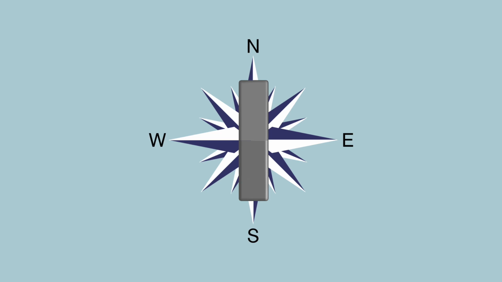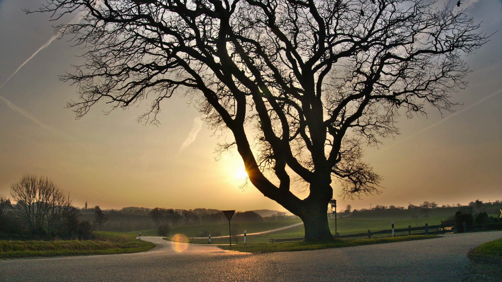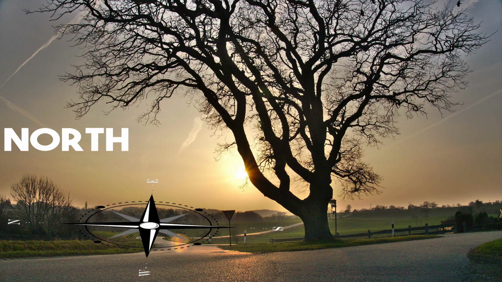direction. You can also use the direction of the rising sun in the morning to find out the approximate direction of north and south. The end of a magnet that points towards north is called north-seeking or the north pole of the magnet, and the other end is called the south pole of the magnet.